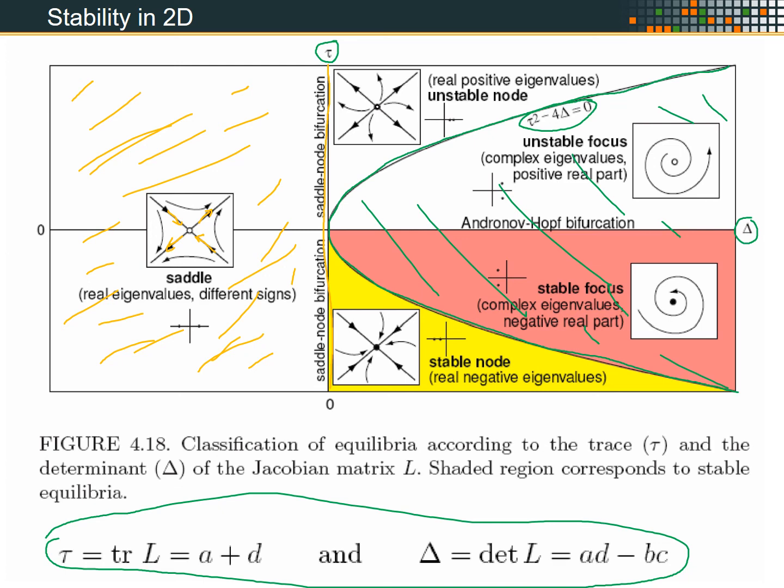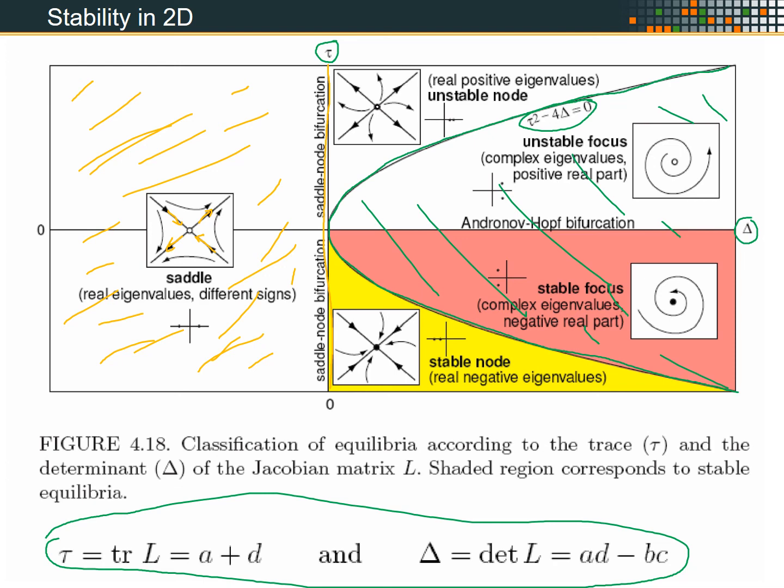Real positive eigenvalues mean that it's repelling in both principal directions for the two-dimensional system. And we have the yellow region that is attractive in both principal directions. And therefore, this is the only stable condition of the three.